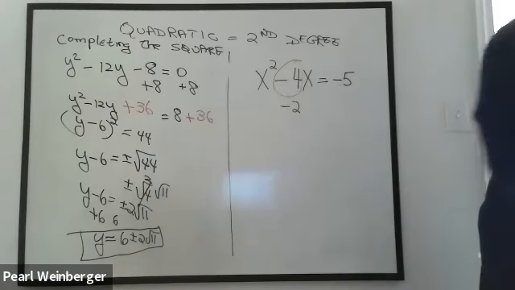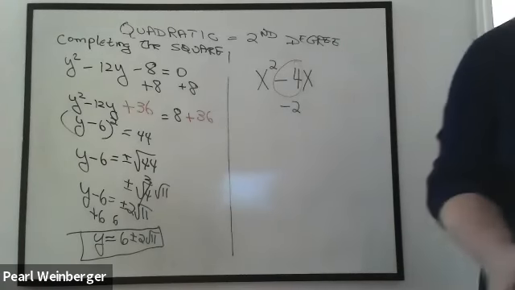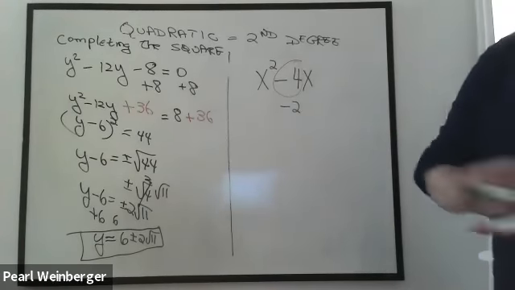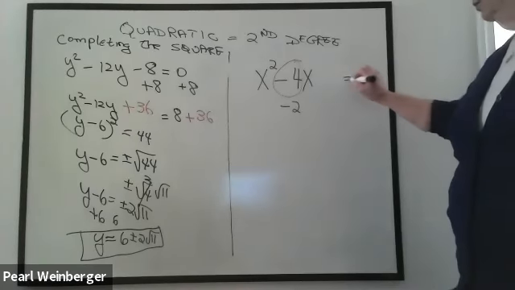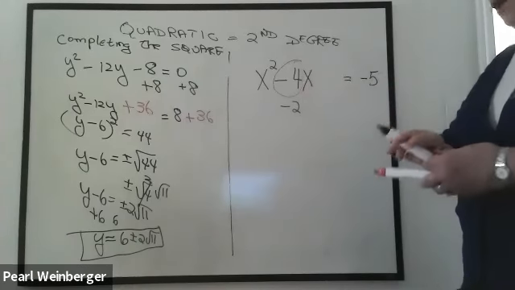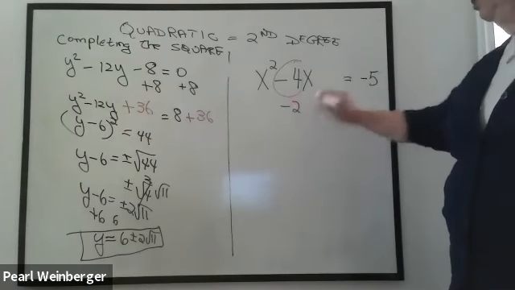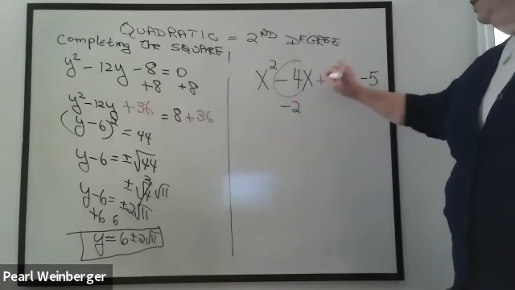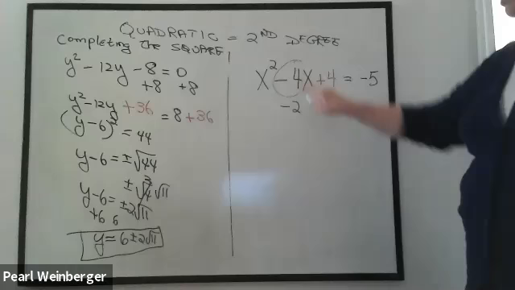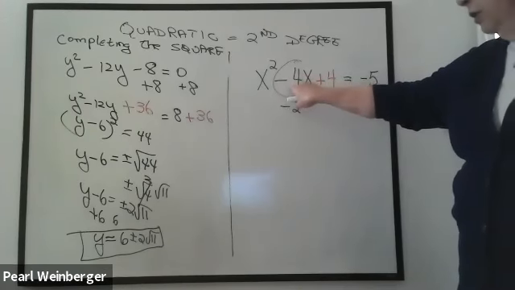I really should leave myself some room over here. Let's do this. And when I square that number, negative 2 squared, negative 2 times negative 2 is plus 4. Again, half of the coefficient of the x term, squared.